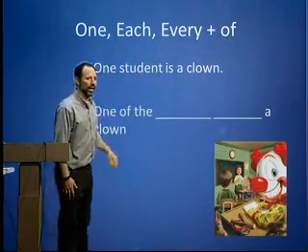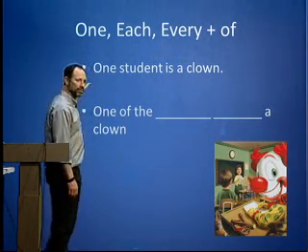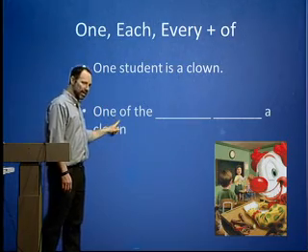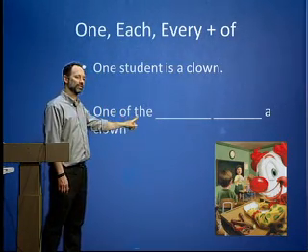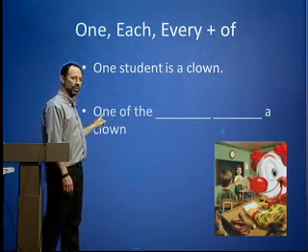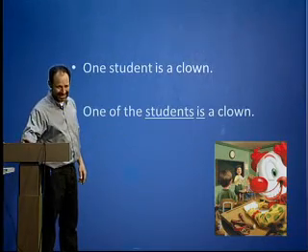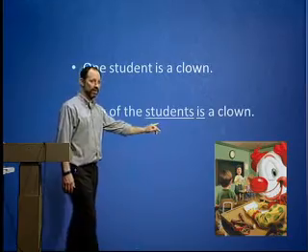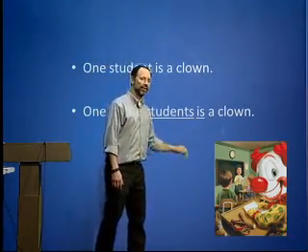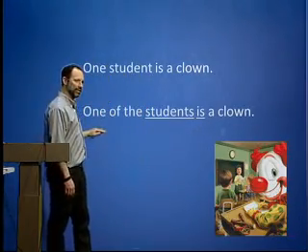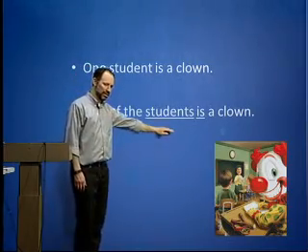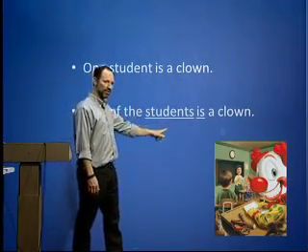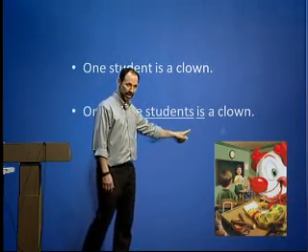Okay. Let's look at this sentence. One student is a clown. What if I say one of, and in this situation we'll use the. One of the students is a clown. Notice what happened to students. It became plural. One student is a clown. One of the students is a clown.